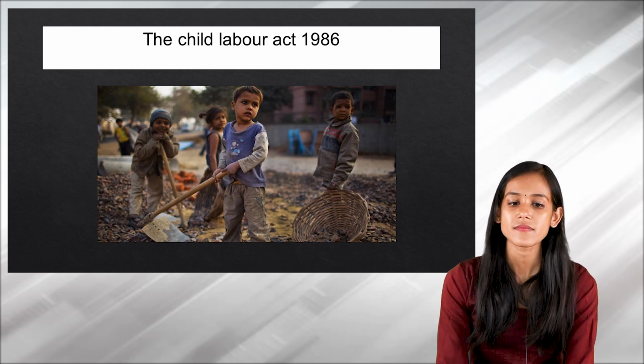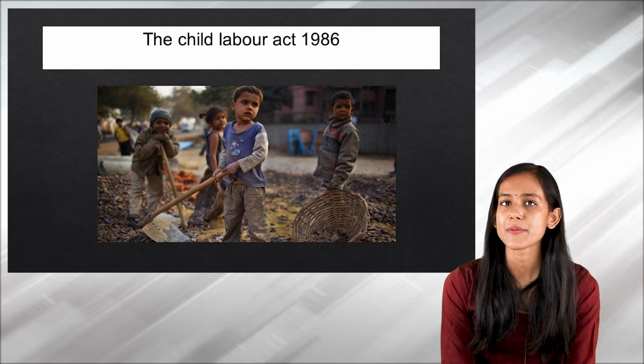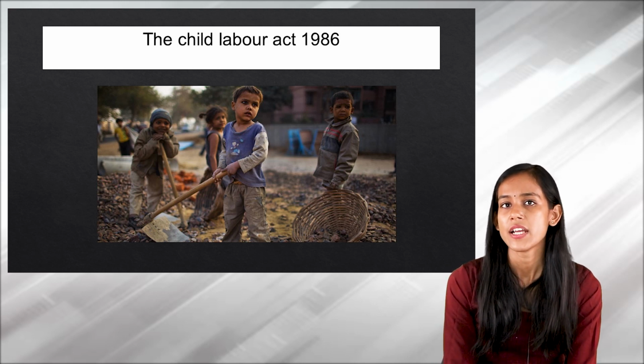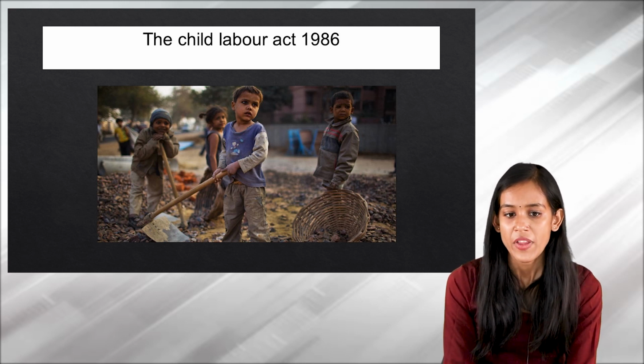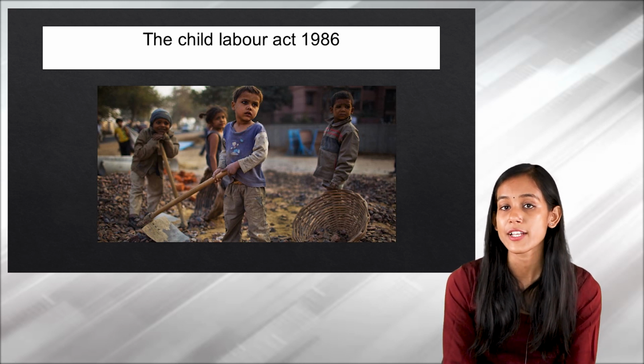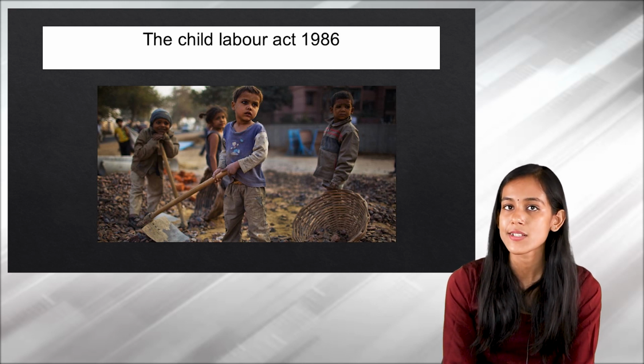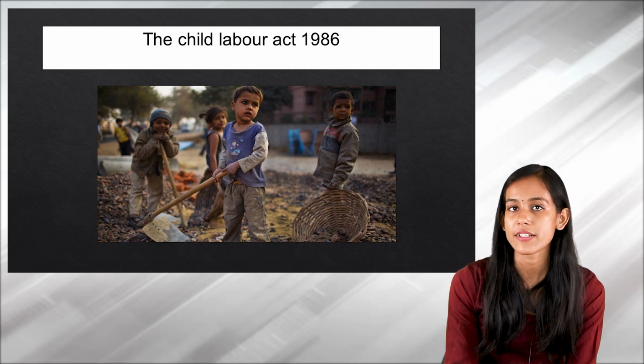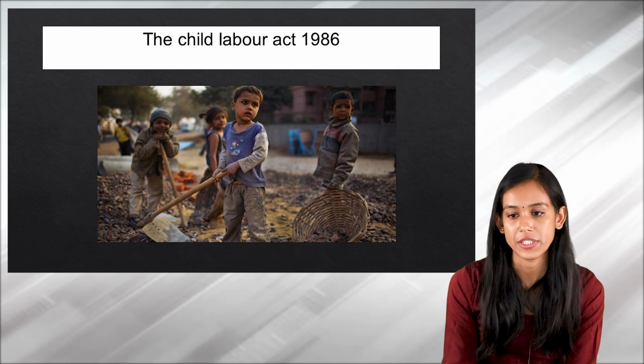1986. Now, most of the time the reason behind child labor is poverty. And this deprives the children of their right to go to school. But they do not understand this. This reinforces the intergenerational cycle of poverty.